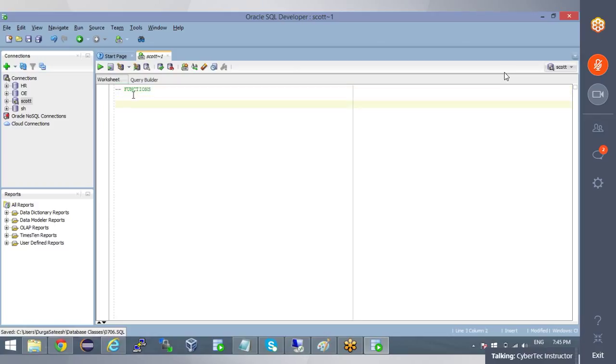The first kind of function that we are going to talk about today is mathematical functions. Okay, so what are the different mathematical functions that we have? The different mathematical functions, like the first one, absolute.